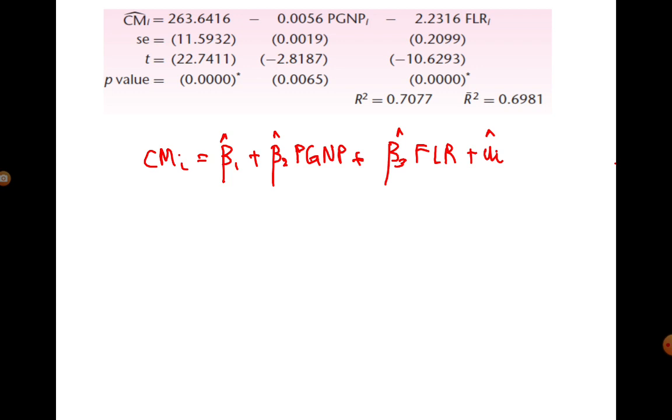The fourth row is the p-value. Remember, the p-value means the exact level of significance, or it is the minimum level of significance at which the null hypothesis can be rejected, right?